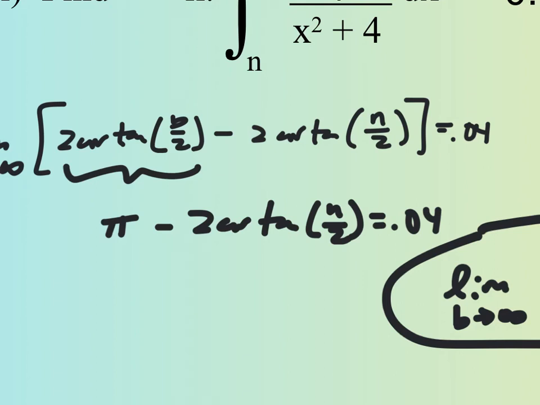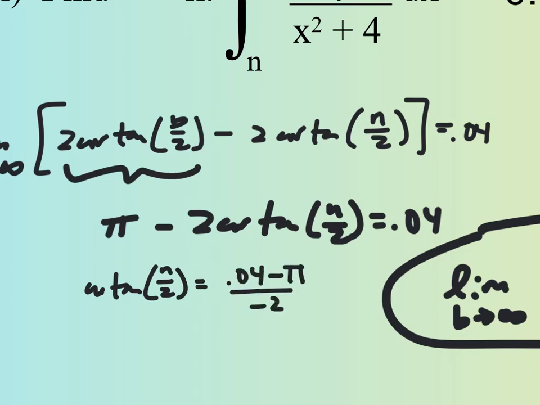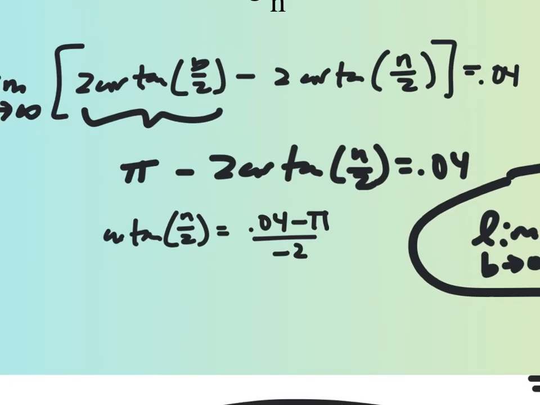Okay, so I've got a little bit of manipulation to do. I would subtract pi and divide by -2. So arctan of n over 2 would equal 0.04 minus pi over -2. Then the tangent of that would equal n over 2.